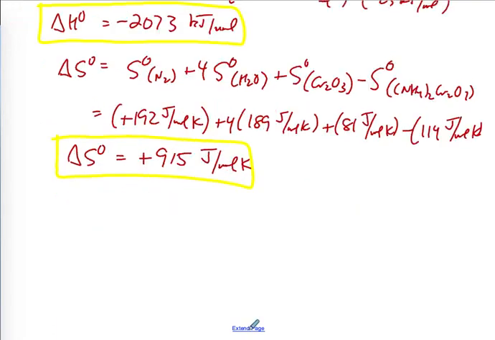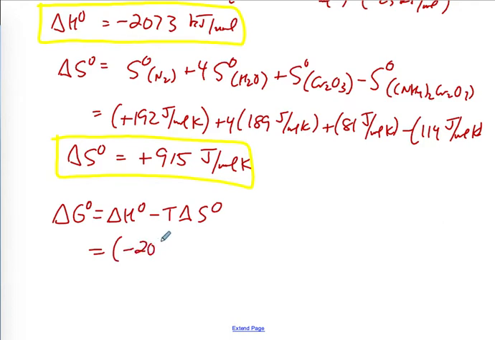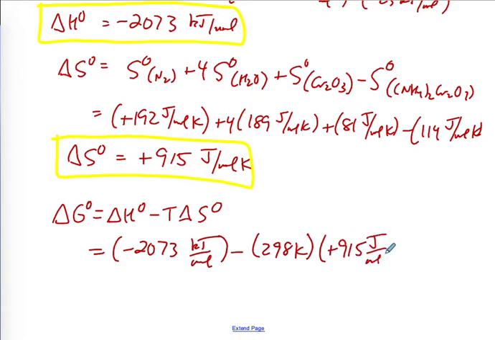And now finally, to calculate the standard free energy change, delta G naught equals delta H naught minus T delta S naught. We'll use the values we just calculated, negative 2,073 kilojoules per mole minus, I may have forgotten to mention, but we're calculating this at 298 Kelvin, times plus 915 joules per mole Kelvin. Hey, wait a minute. Kilojoules per mole, we can't subtract joules per mole. That doesn't work.